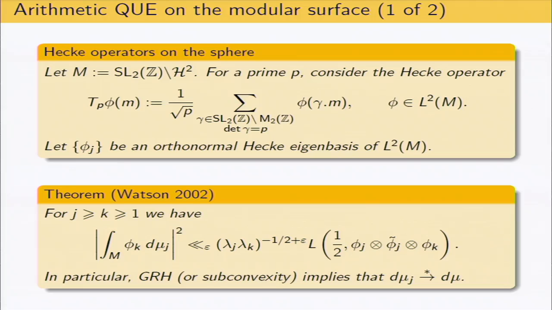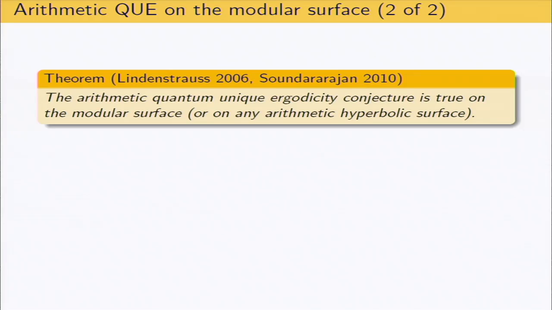Now what's very astonishing is that Lindenstrauss in 2006, together with the supplemental result of Soundararajan in 2010, managed to establish the arithmetic quantum unique ergodicity conjecture, not with the decay rate, but effectively the conjecture on the modular surface, or in fact on any arithmetic hyperbolic surface.